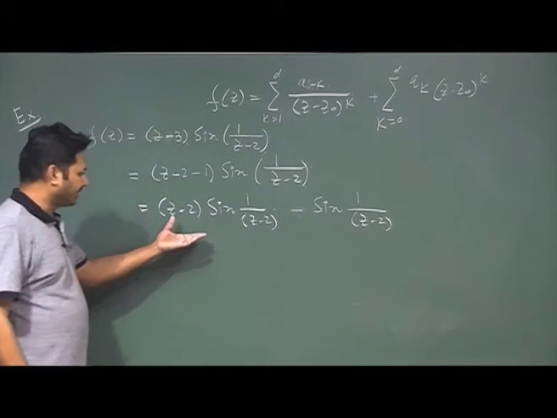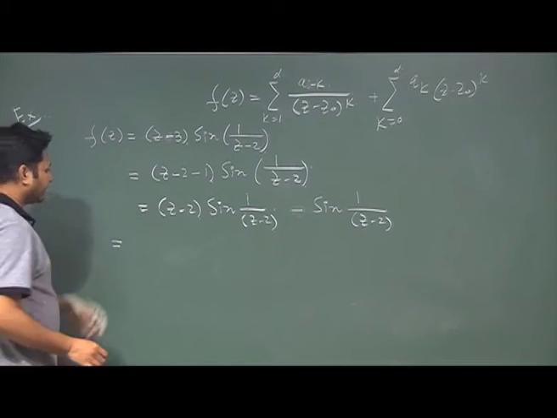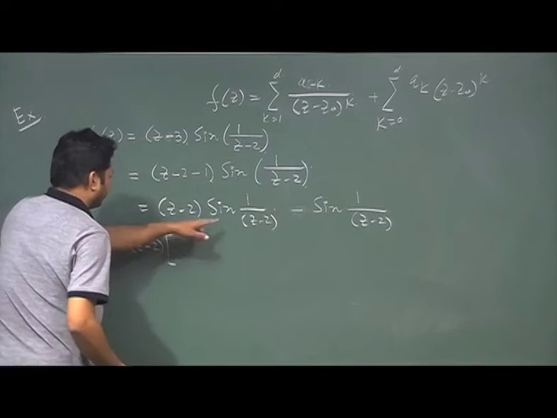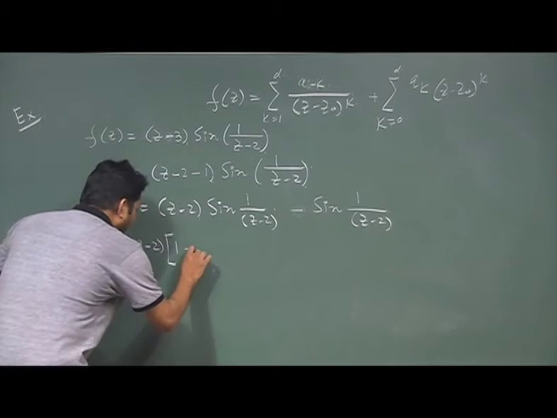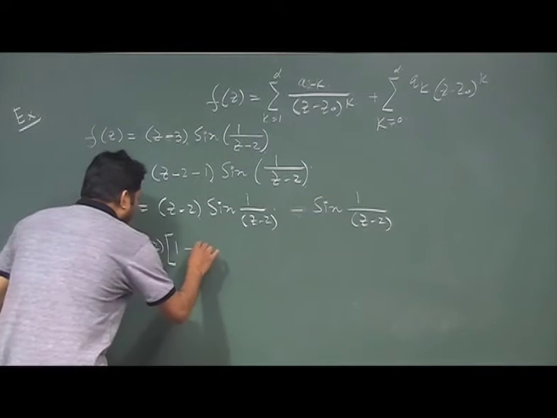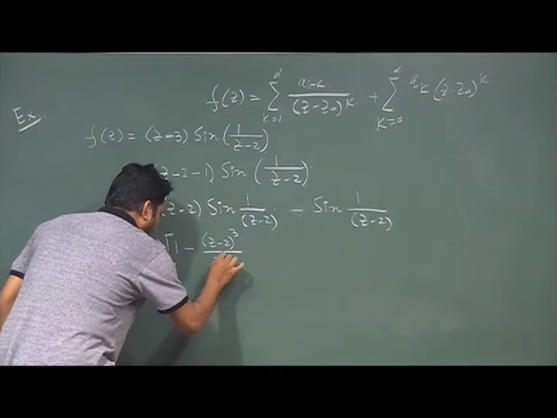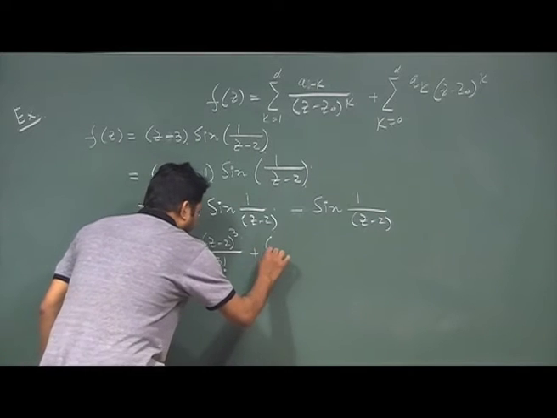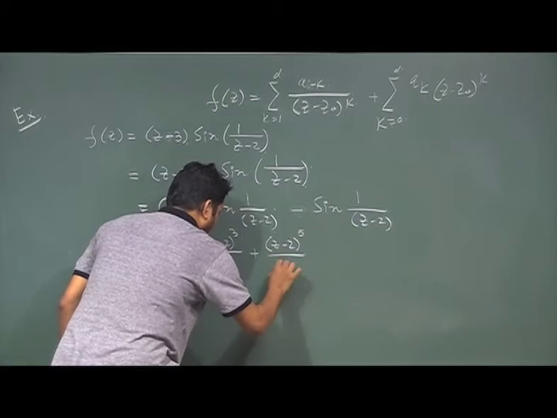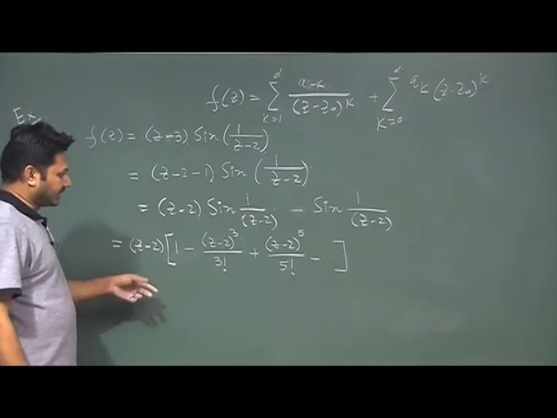Now, if I start expanding this function, the first part will be expanded this way: (z minus 2) multiplied by, the first term is 1 by (z minus 2), minus 1 divided by factorial 3 (z minus 2) cube, then plus 1 by factorial 5 (z minus 2) to the 5, and this.